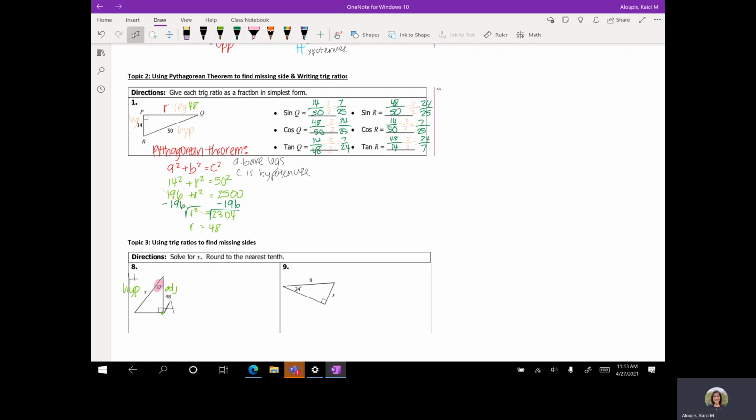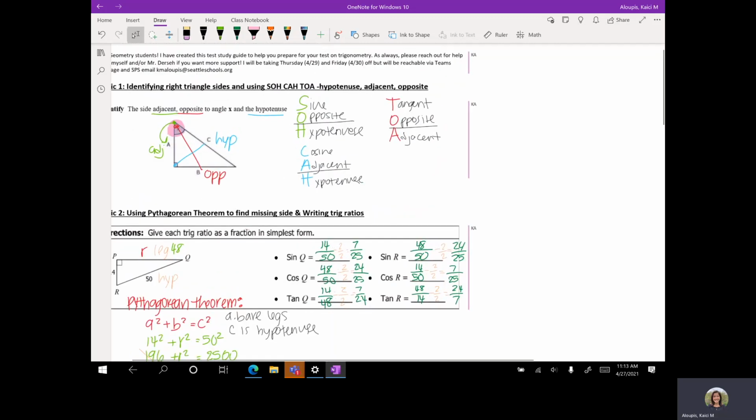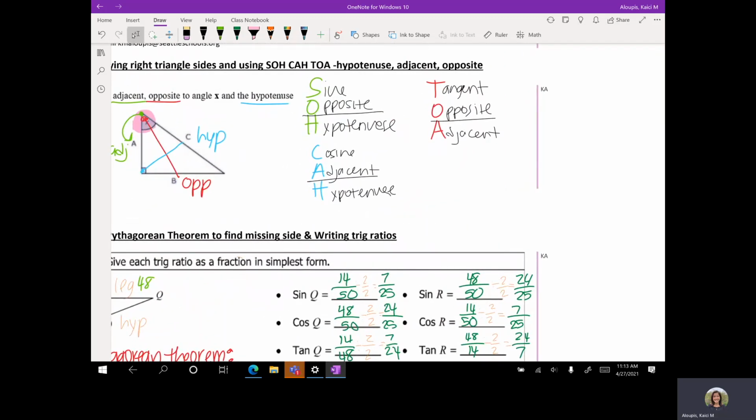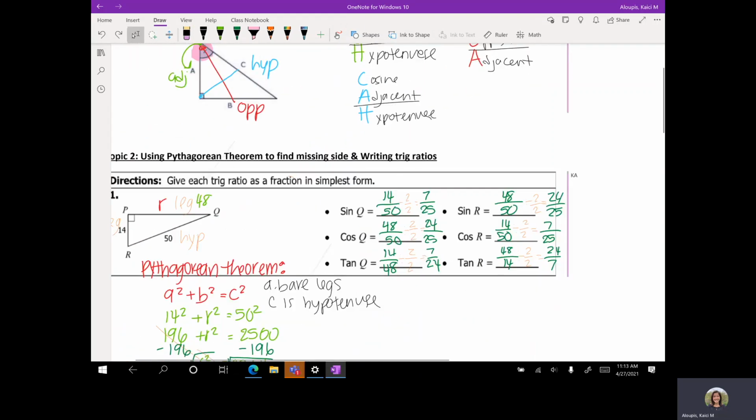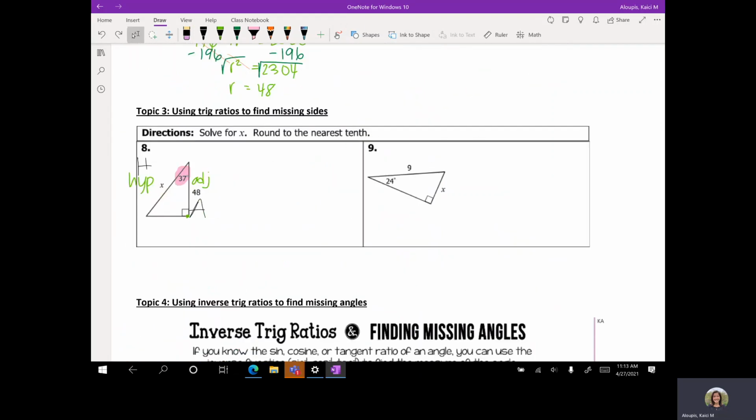Where do we see A and H? That would be cosine, right? Right here, I see an A and an H. So cosine is the trig ratio that I'll use to solve for x.